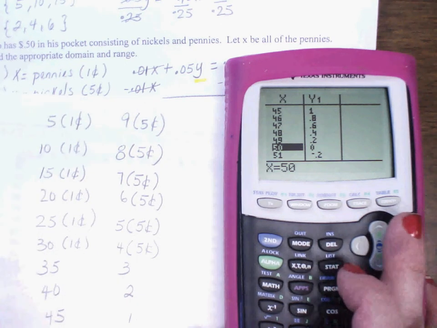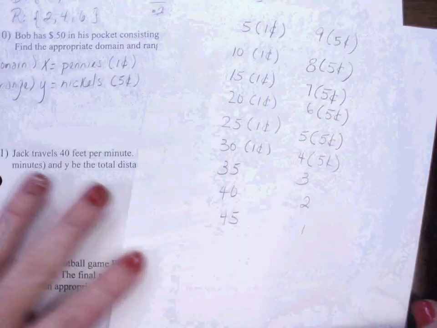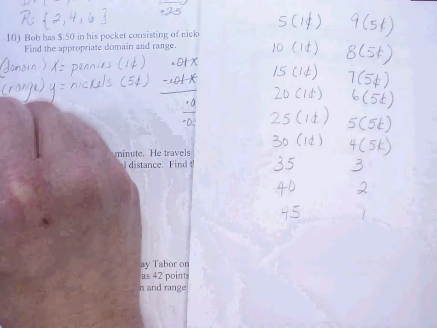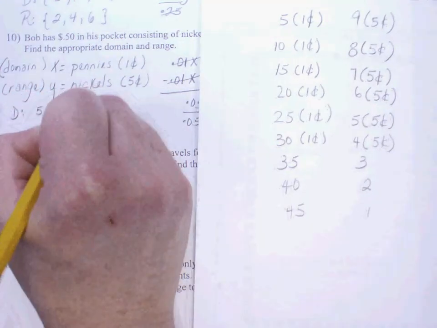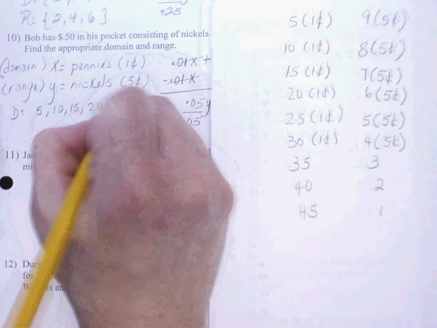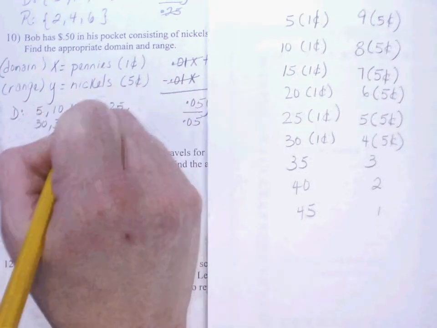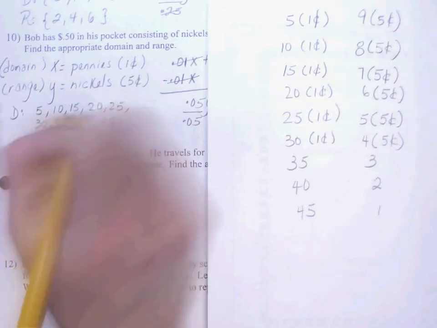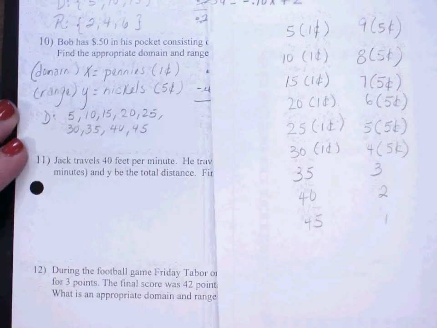All right, so let's talk about my domain, my reasonable domain. I got a lot of numbers in here, don't I? My domain: 5, 10, 15, 20, 25, 30, 35, 40, and 45.